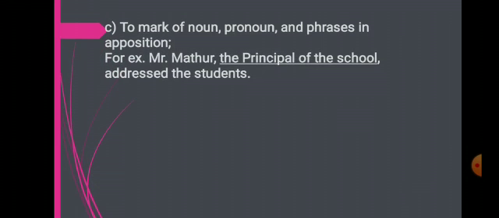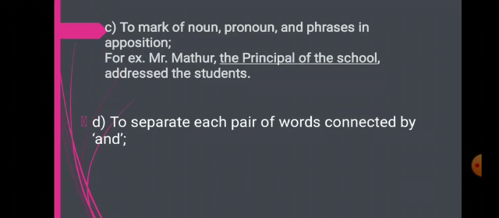I have kept this whole phrase in commas. Mr. Mathur, the principal of the school, addressed the students. Now, when I'm speaking this sentence, you can feel a pause, but in writing, we'll show this pause by putting a comma. Next is to separate each pair of words connected by and.